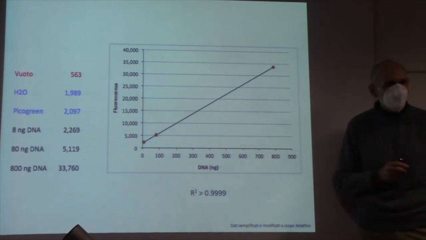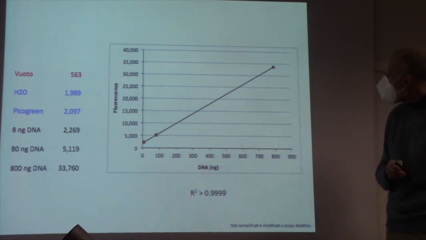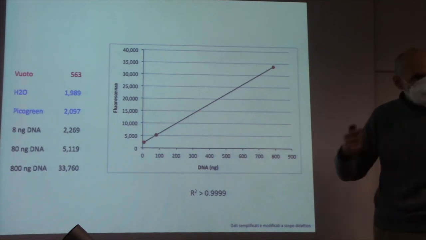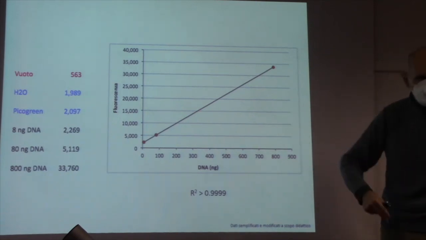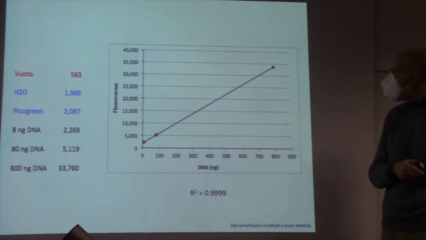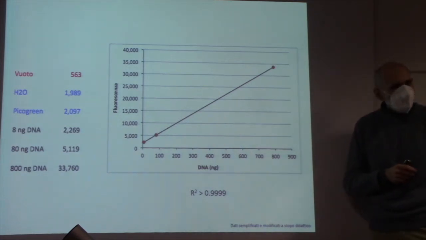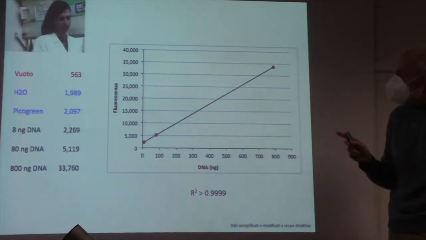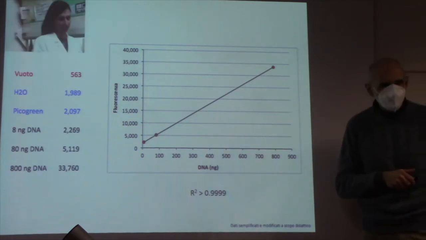So basically absolute correlation between amount of DNA and fluorescence. The line was calculated afterwards. We didn't put the dots on the line. We calculated the line after putting the dots on the graph. So that was very nice as a starting experiment, but Sarah was not happy.